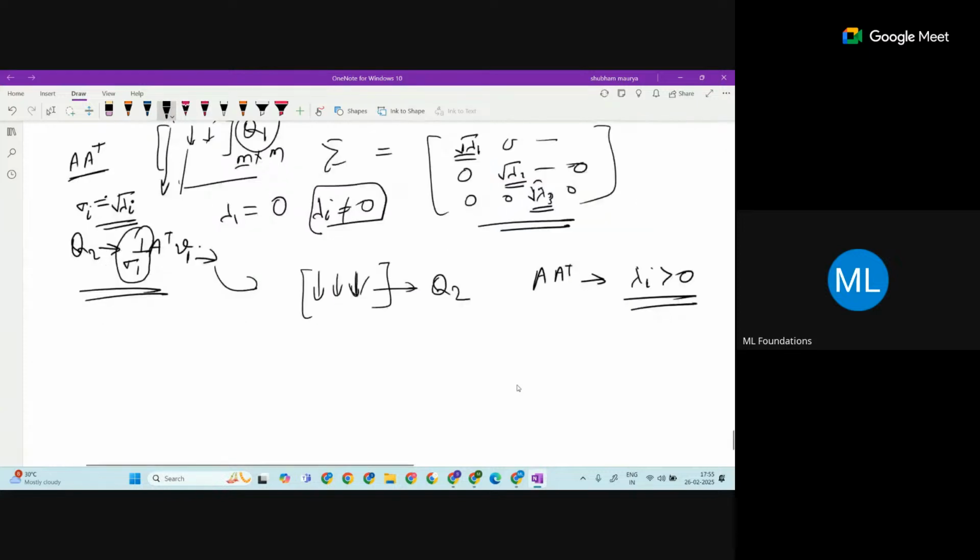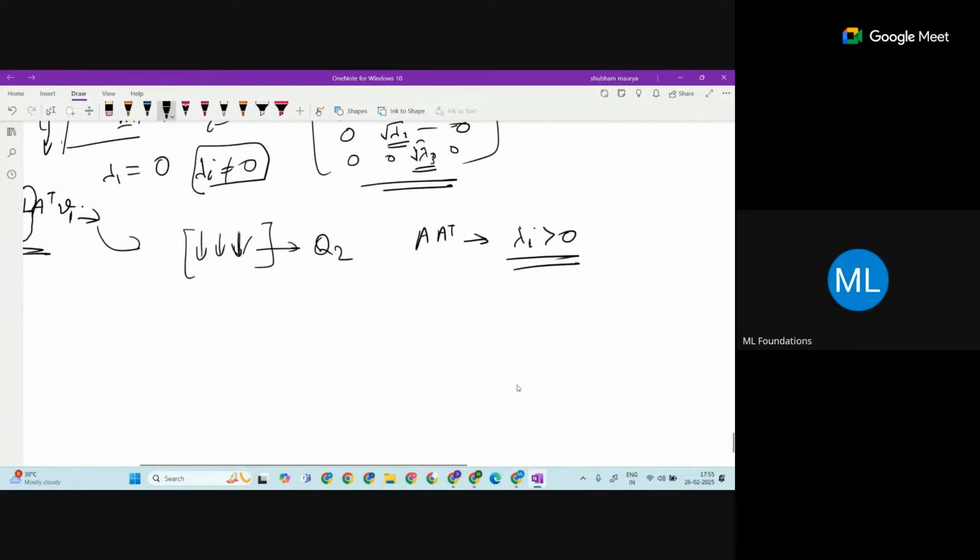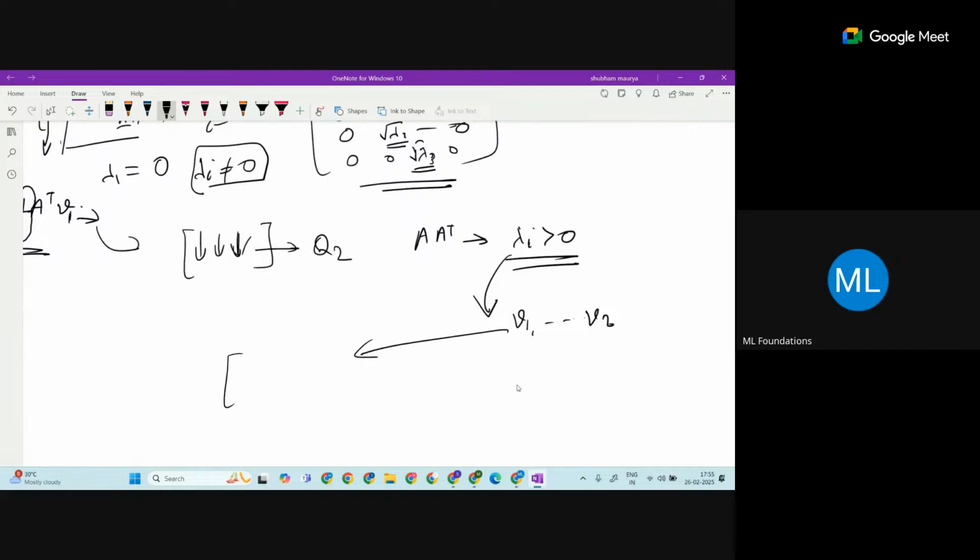Then in this case, you find the eigenvectors v1, v2, and fill them in the matrix. This is going to be our q1.